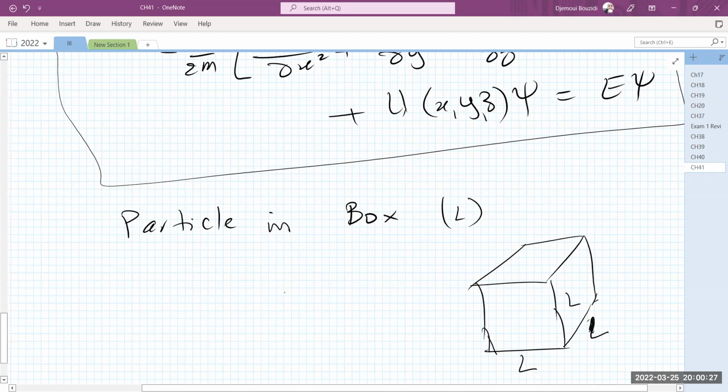So the volume is clearly equal to L cubed. Very simple. So we want to find a solution for a particle that is in this box, but we're going to add to it the condition that this particle is free.